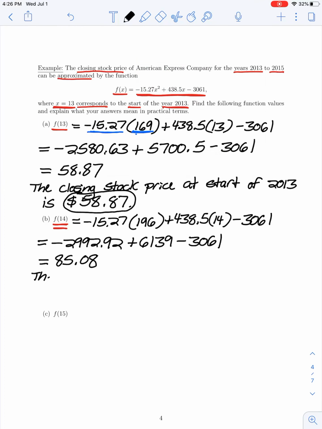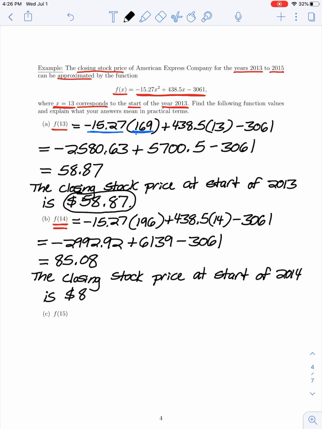So our interpretation would be something like the following. The closing stock price at the start of the year 2014 is $85.08.